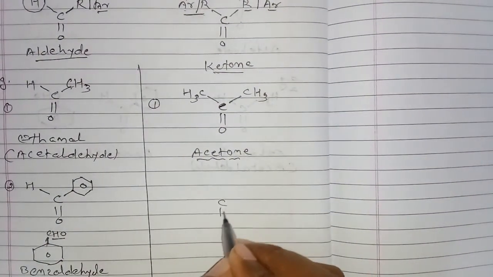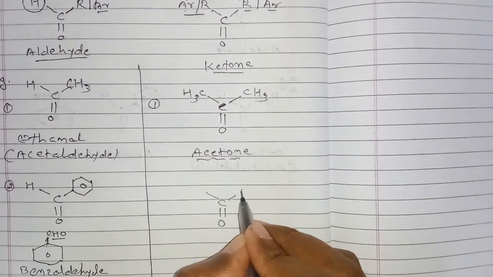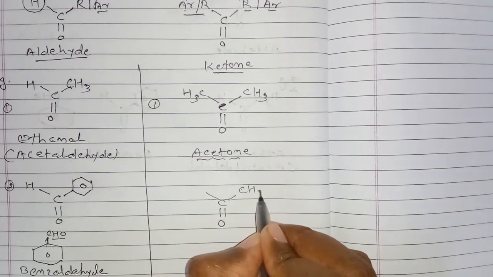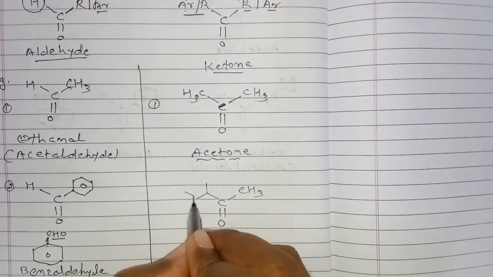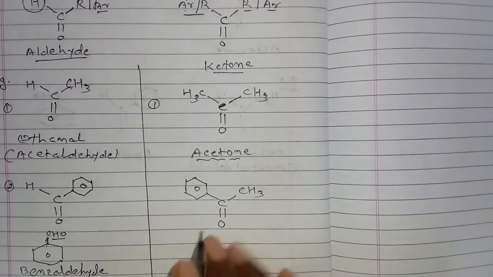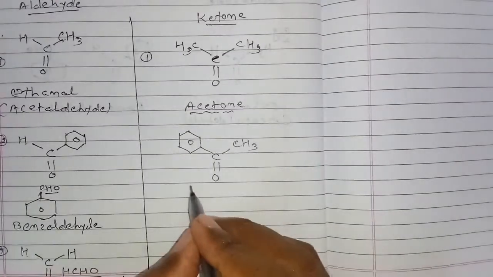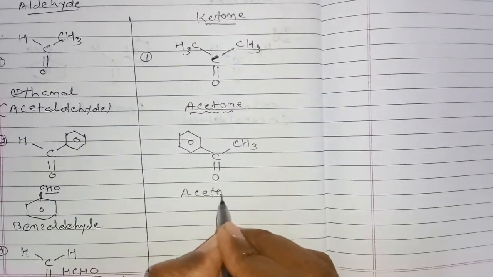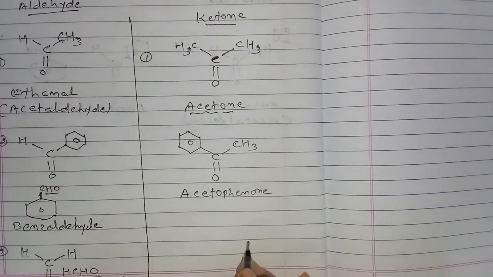Or the carbonyl group is bonded with an alkyl group and a phenyl or aryl group, and it is named acetophenone.